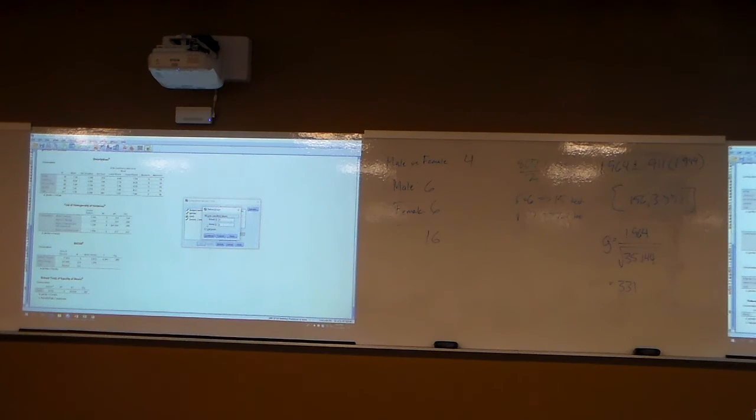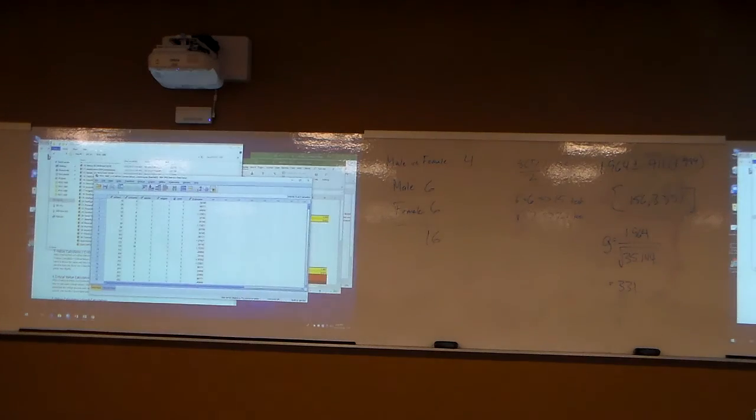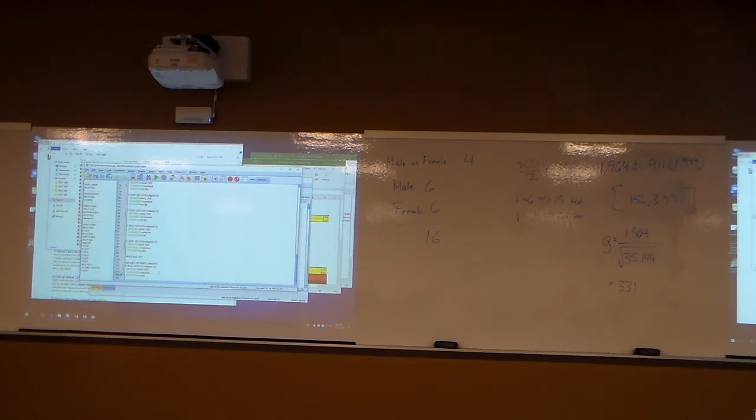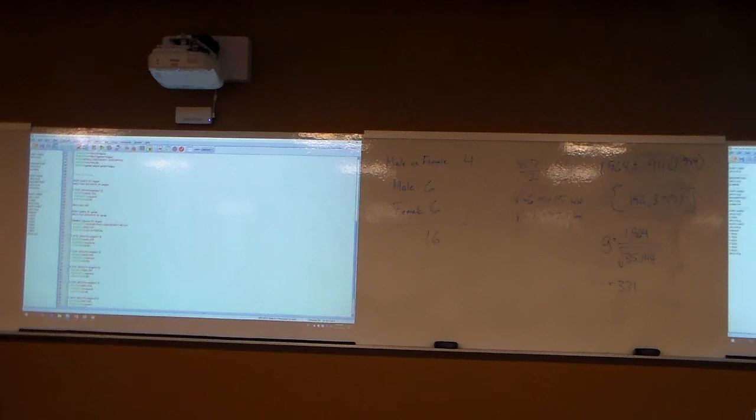I'm just going to leave 1 and 2 in there as a paste, so I'm going to hit continue and paste this into a syntax file.